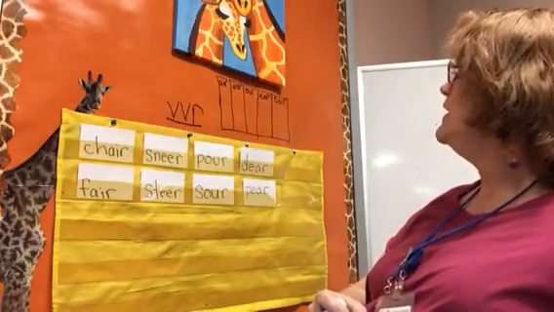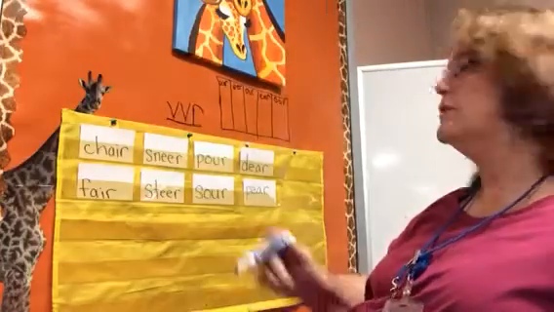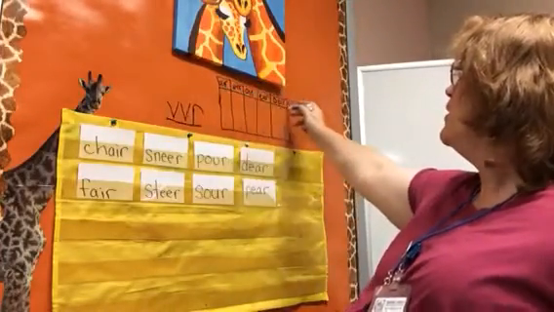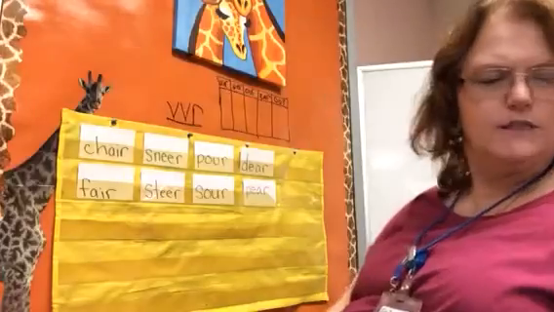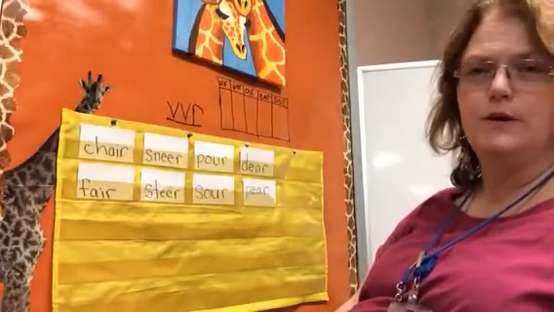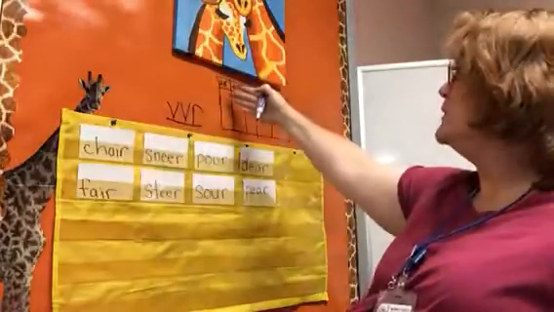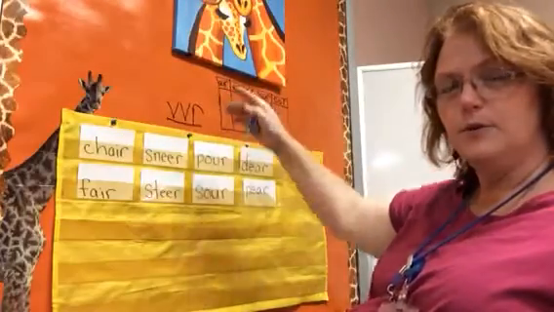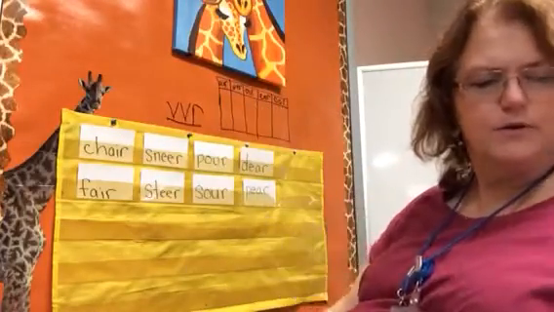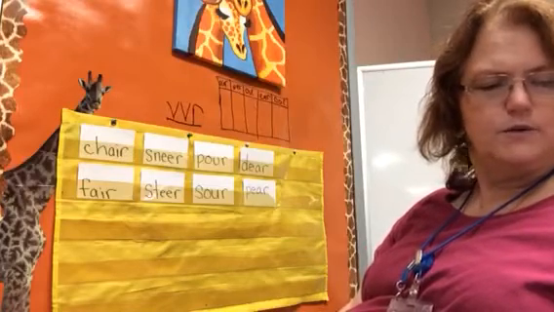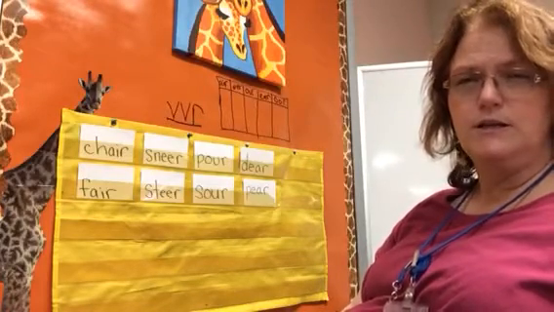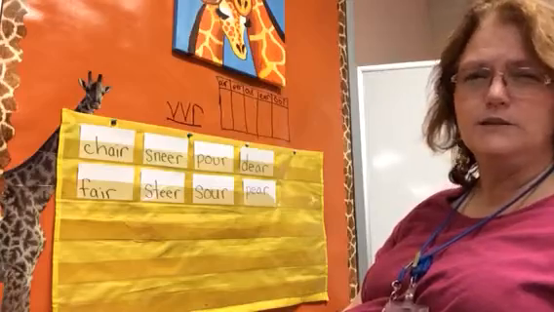So then you have a bunch of words, and you're going to write them on here. Your instructions say sort them, so that's what you're doing. But as you sort, you're going to read them, right? And then you're going to write them in the right place. So you're reading them and writing them. Those are instructions here. It says sort words, write words, read words. You kind of do that all at once, or at least I would.